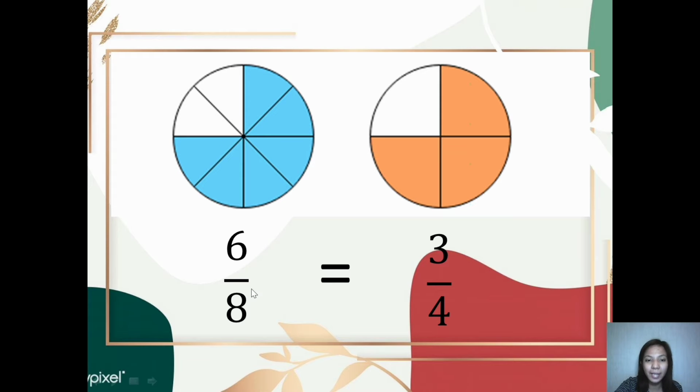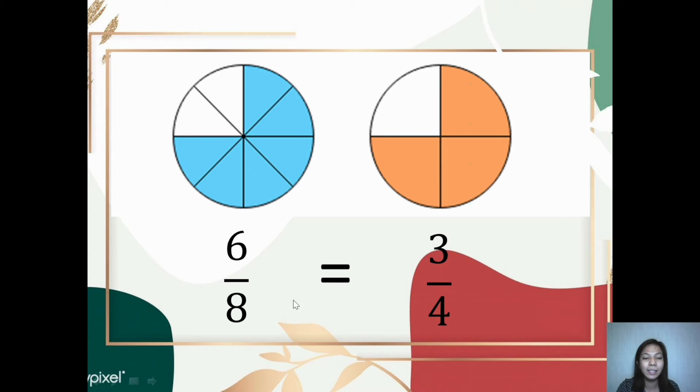The numbers 6 and 8 can both be divided by 2. 6 divided by 2 is 3, and 8 divided by 2 is 4. So 6 over 8 is the same as 3 over 4. They both have the same value.